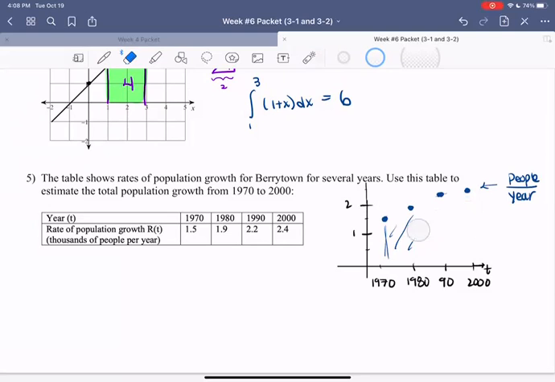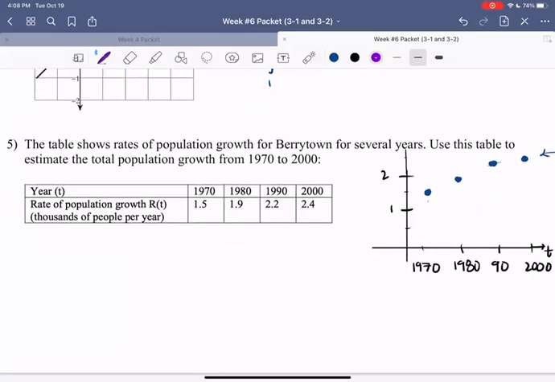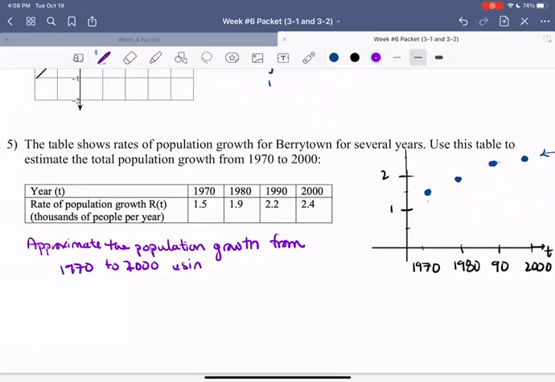The Riemann sum I want you to use is left endpoints. So I'll write that out. Approximate the population growth from 1970 to 2000 using, and we're going to say 4 to keep things simple... actually, rather than 4, we'll use 3, because we have 3 possible chunks here.